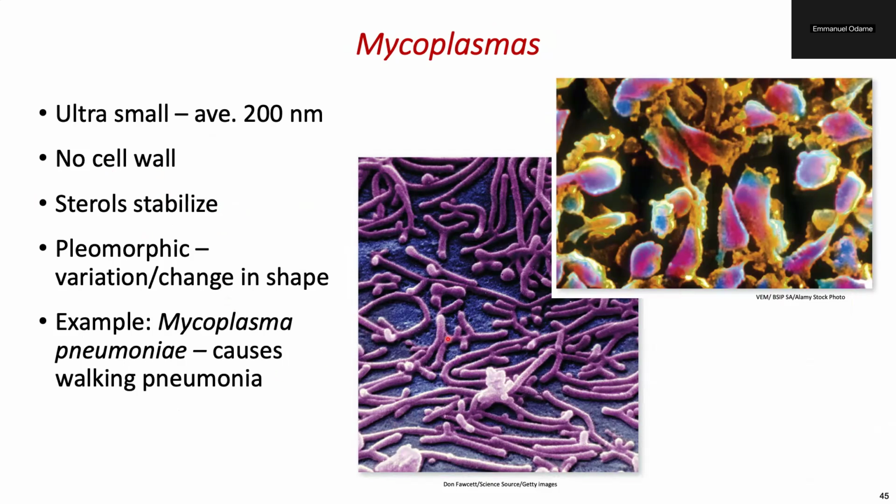As you can see, they have complex shapes and sizes. One looks like an S shape, here you have a long shape, and the sizes keep changing over and over. Their cytoplasmic membranes are stabilized by sterols and are resistant to lysis. That's something I wanted you to remember too.